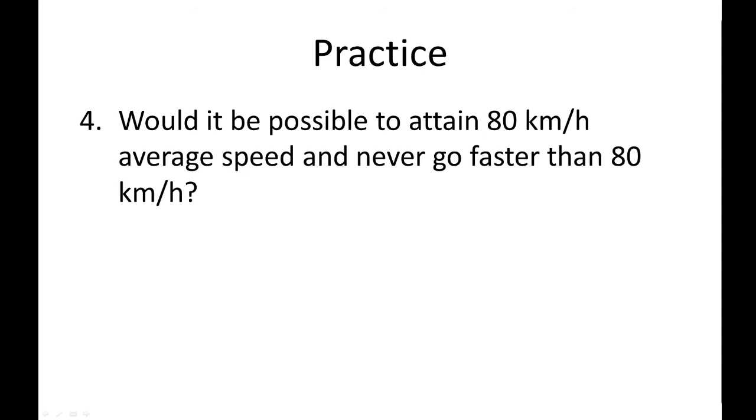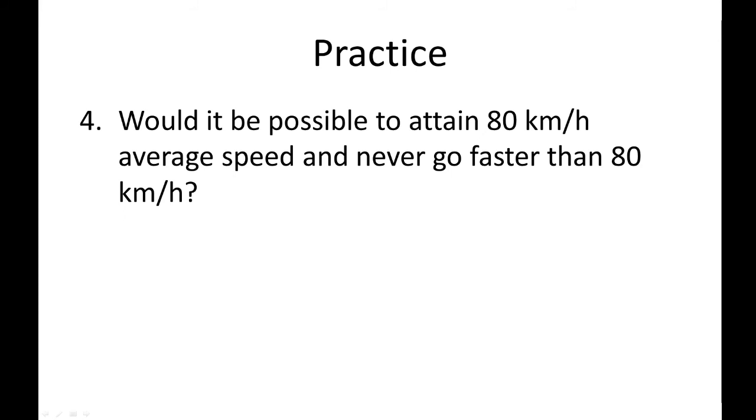However, you cannot have an object that moves from zero velocity to 80 km per hour in less than, let's say, a fraction of a second. So the speed is always from zero and then slowly increasing until it reaches 80 km per hour.